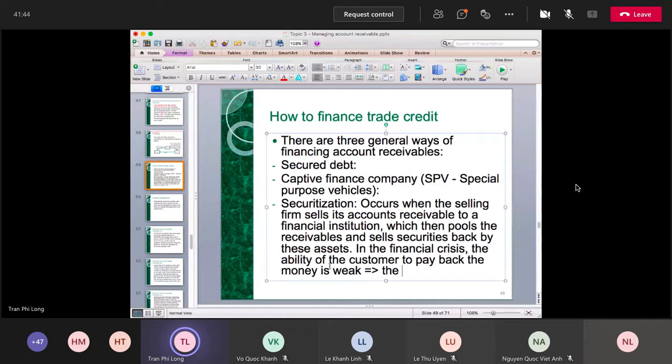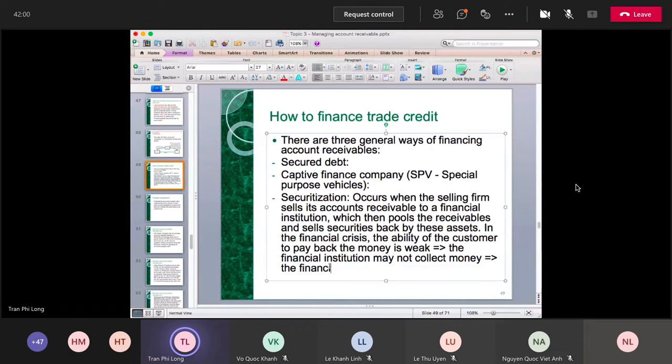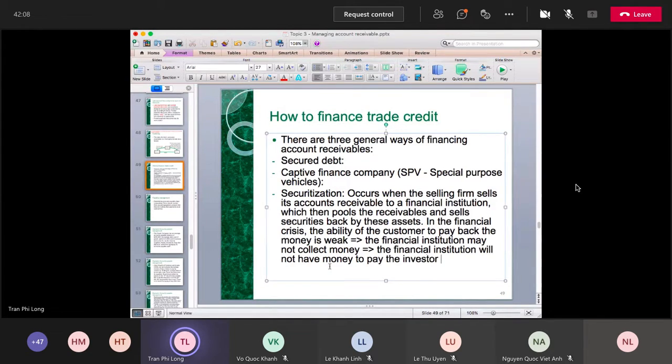That's why the financial institution may not collect money. If the financial institution cannot collect money, what will happen? The financial institution will not have money to pay the investors who have already bought the securities.